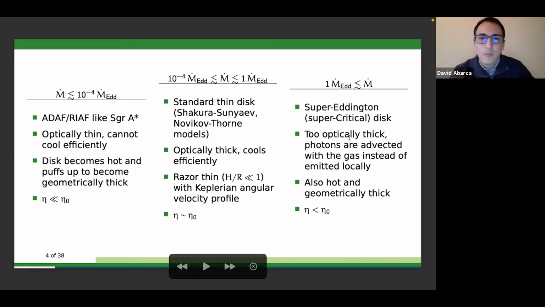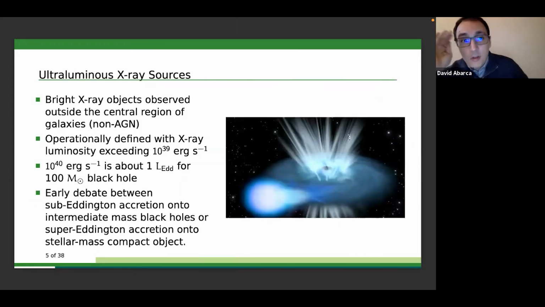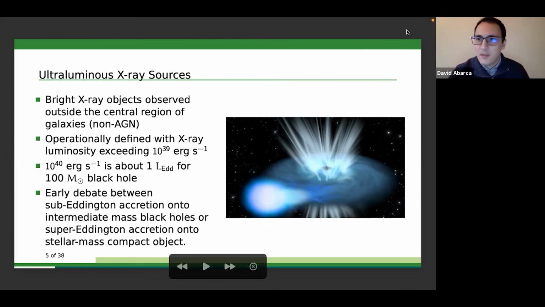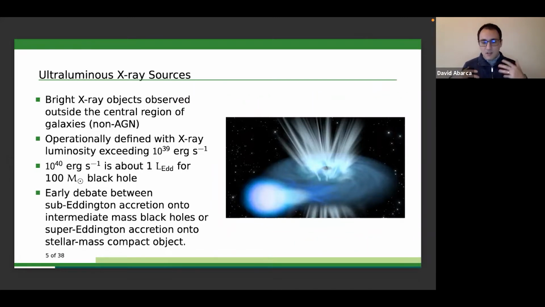Ultraluminous X-ray sources. These are the specific accreting objects that I'm going to be talking about today. We have an observationally defined definition of what they are.